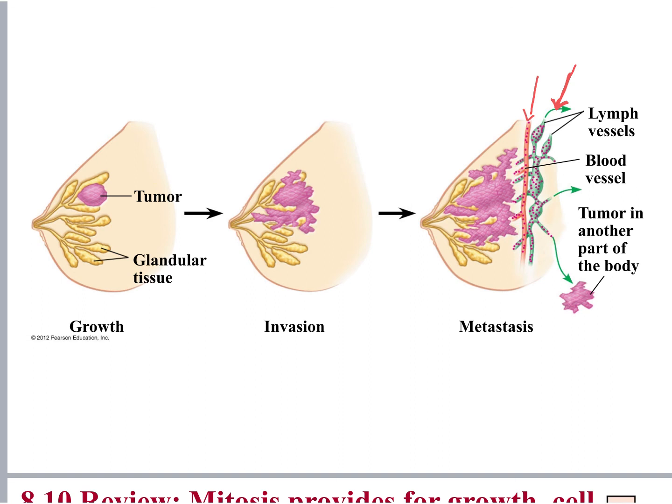So if we look over at the first picture here, there's the tumor. That's that cluster of cells that are growing rapidly. And it may stay localized. At this point, it's benign. It hasn't spread. The cluster of cells is localized, just right there in that one spot.